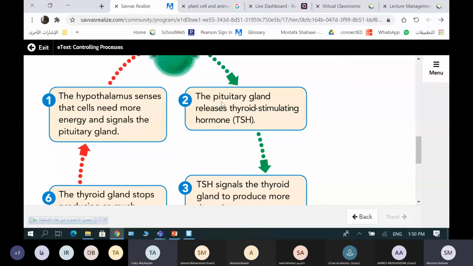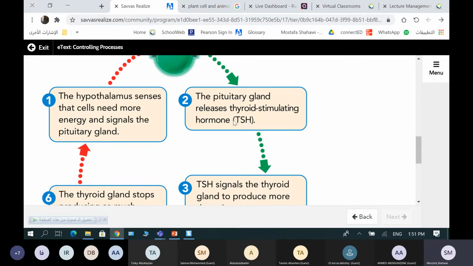The pituitary gland releases thyroid stimulating hormone. So after the signal reaches the pituitary gland from the hypothalamus, it will release a hormone called TSH, thyroid stimulating hormone. This hormone stimulates the thyroid gland to produce more of thyroxine hormone.